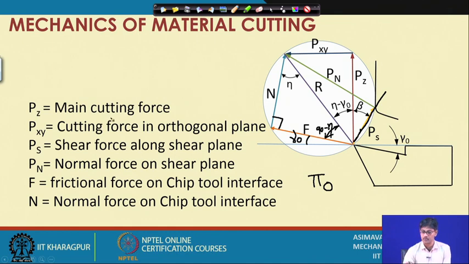Pz is called the main cutting force. Pxy is the thrust force. When you are doing longitudinal turning, this force tries to push the job away from the cutter.